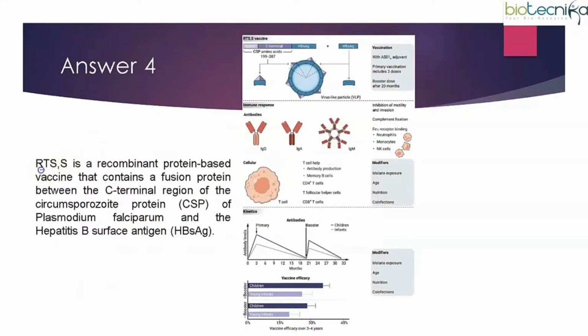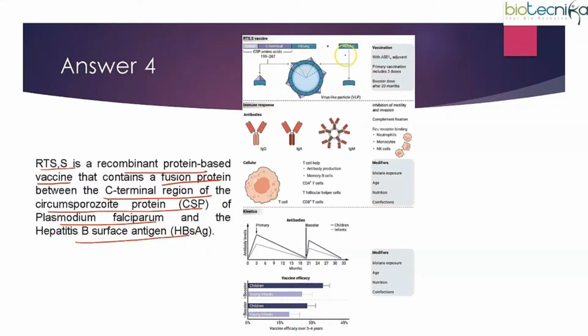Remember, RTS is a recombinant protein based vaccine. It contains a fusion protein between the C-terminal region of the circumsporozoite protein of Plasmodium falciparum as well as the hepatitis B surface antigen, that is HBsAg.